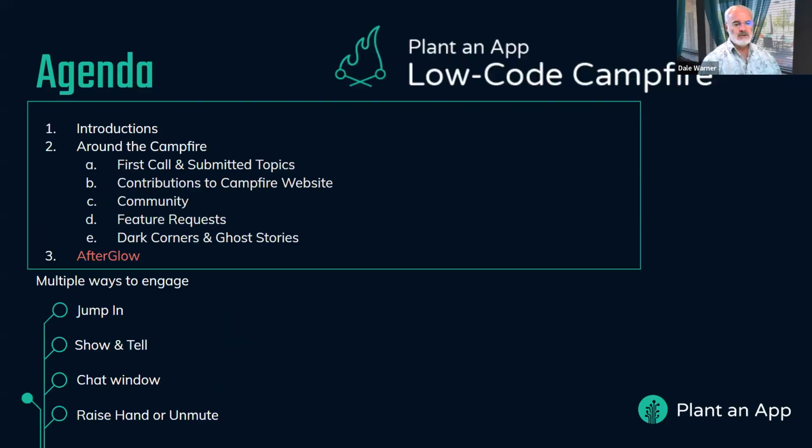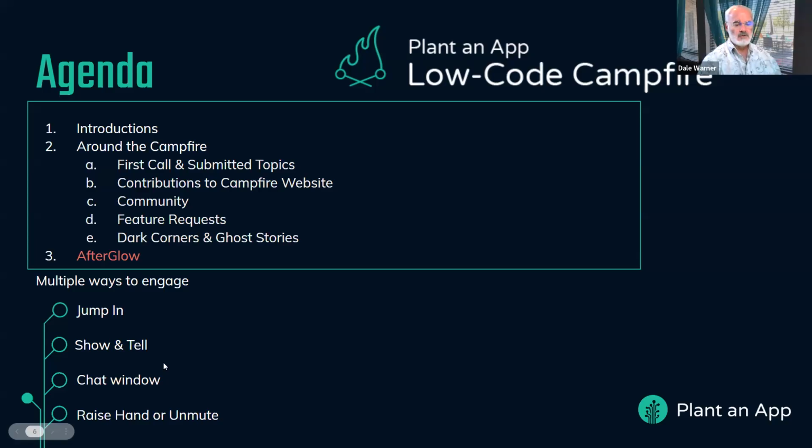We run the same agenda week by week. Well, most of the time anyway. We stop and say hello because we're a friendly group, and then we chat around the campfire. We always do first call and submitted topics. We have no submitted topics today, so we only have what you bring to it. And then beyond that, we talk about what's going on on our Campfire website, our community website, maybe feature requests, and areas of the product that we were just learning about.